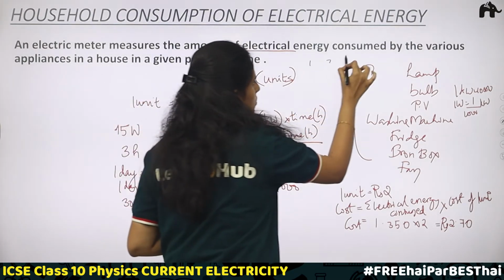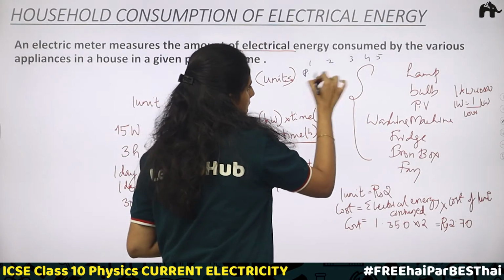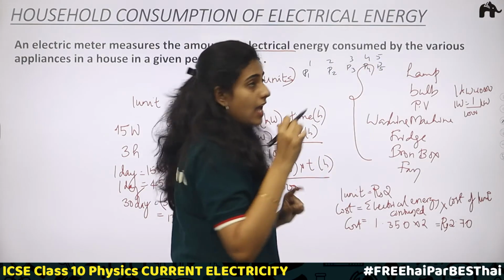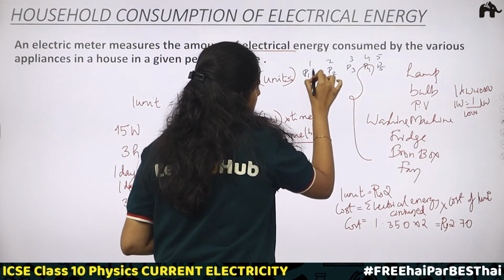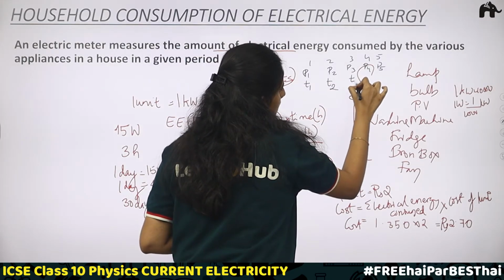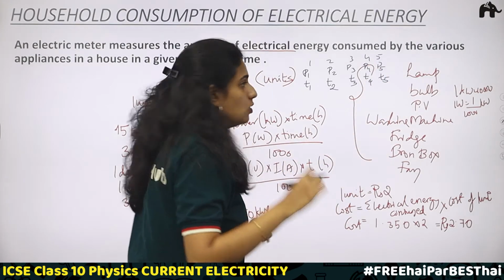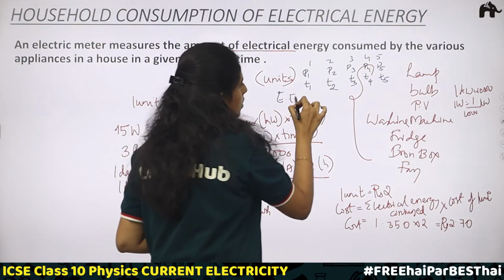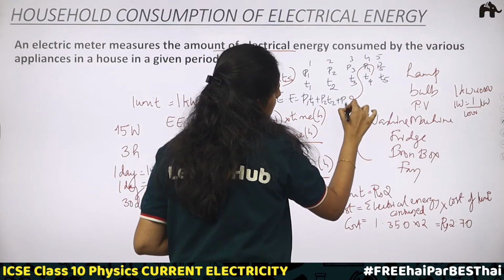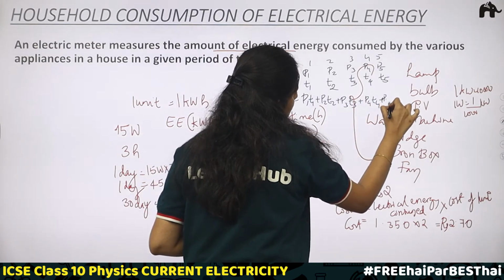If you have 5 devices whose power is taken as P1, P2, P3, P4, P5, and the times they are used are T1, T2, T3, T4 and T5, then you can calculate the electrical energy equal to P1 T1 plus P2 T2 plus P3 T3 plus P4 T4 plus P5 T5.